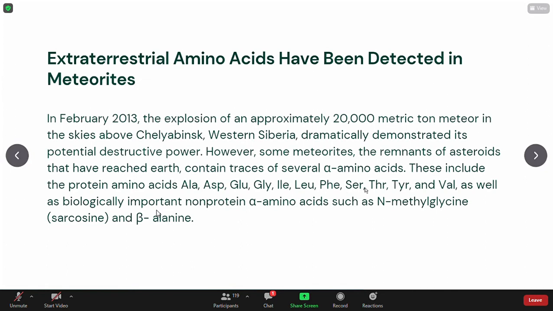Okay, so we have more or less similar amino acids from outer space. We do not know where this came from, what particular planet has this.